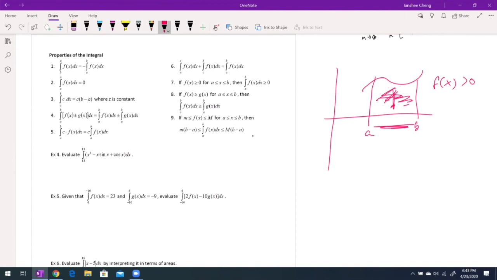Now, the next one is a comparison one. I'm going to show you with the graph. Here's the function f, and here's function g.